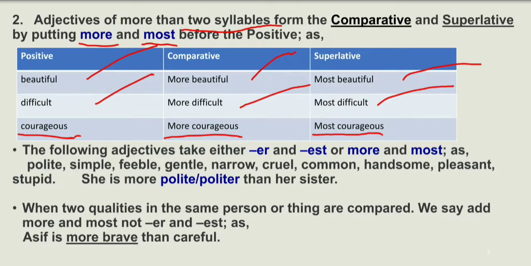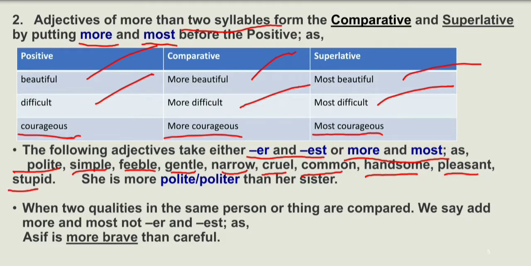Next, the following adjectives take either er and est or more and most. Whichever we choose, we may add er or est, or we may add more and most to these adjectives: polite, simple, feeble, gentle, narrow, cruel, common, handsome, pleasant, and stupid.